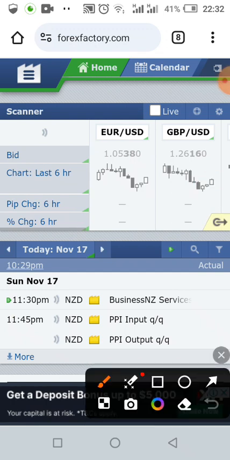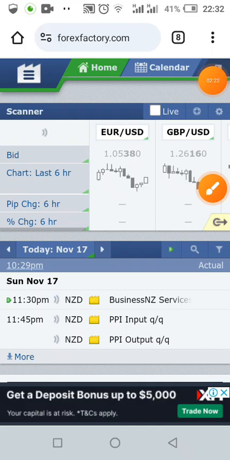forexfactory.com, and whenever you use it, you have to confirm and see if it's using New York time or your local time. And remember that fundamentals are only used when trading financial instruments.